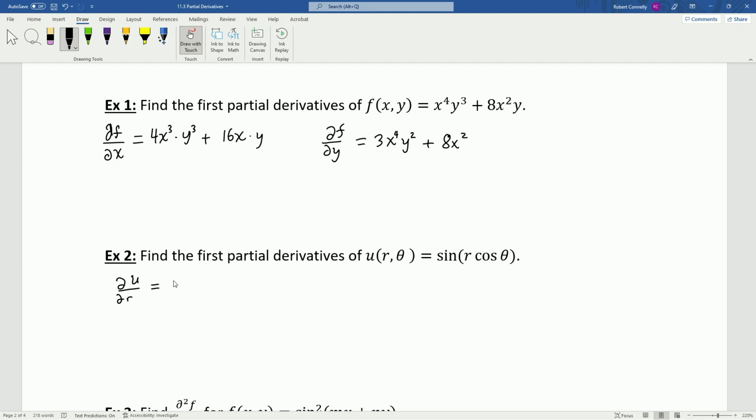That's going to give us the derivative of sine of this thing, which is cosine, times the inner derivative with respect to r. So that's cosine of r times cosine of θ times, now here, the derivative of r is just 1, and we treat this as a constant, so we just get cosine of θ.